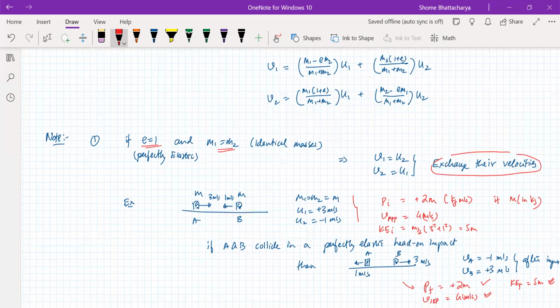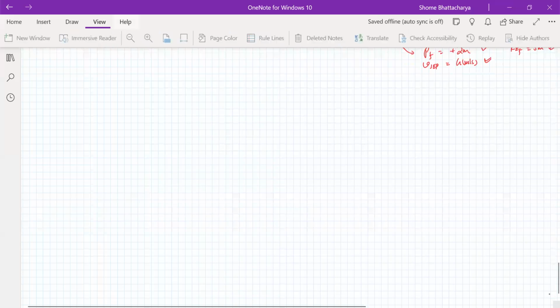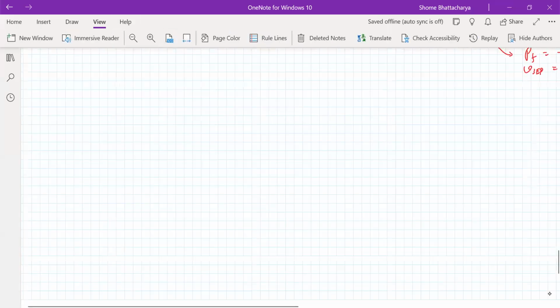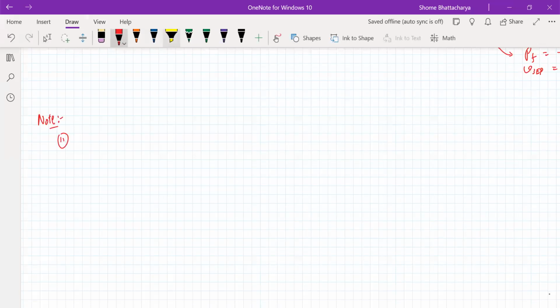Okay, now the second important case to remember here, or to analyze through these formulae, is a situation like this.